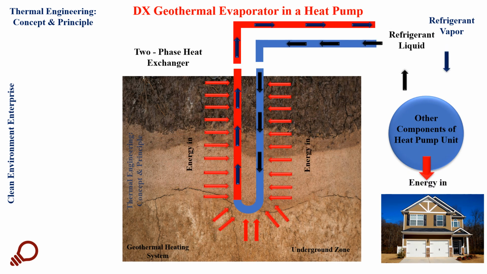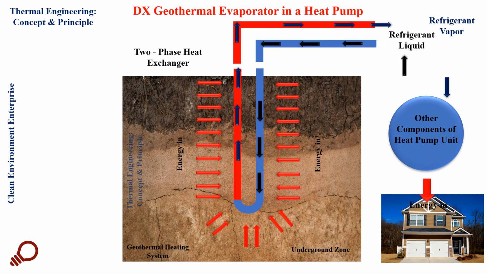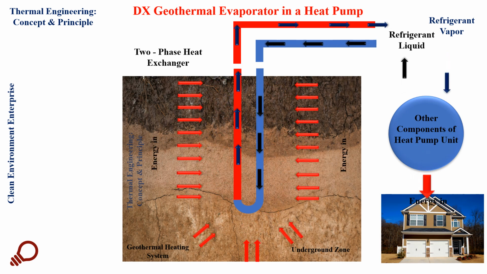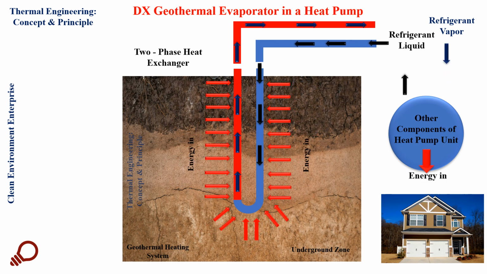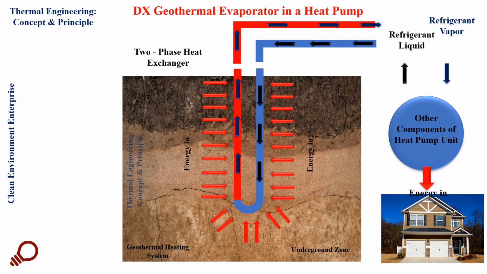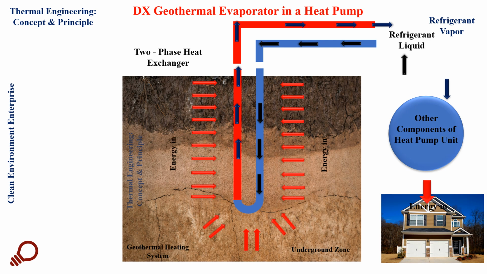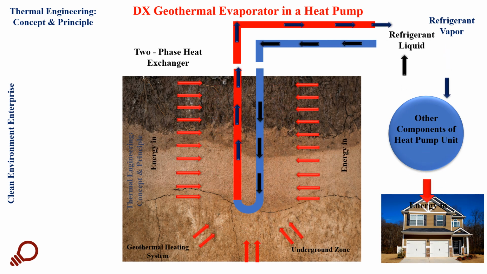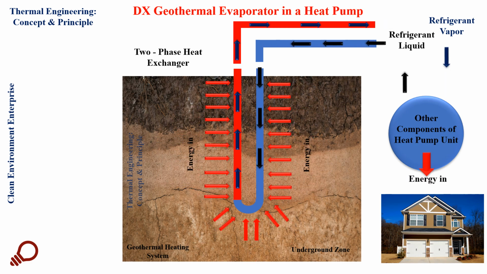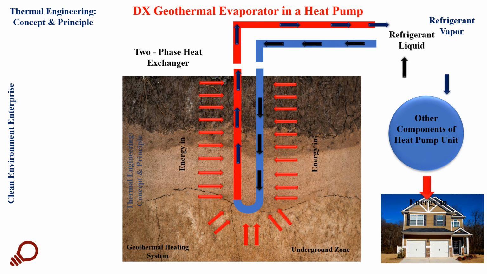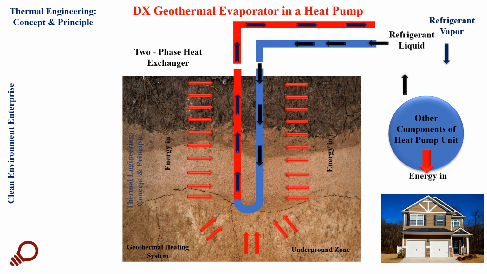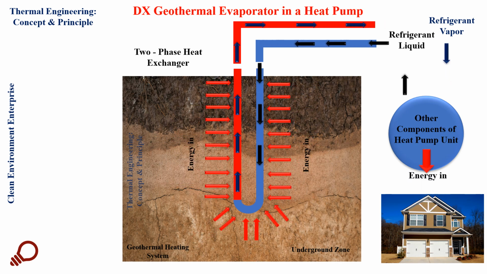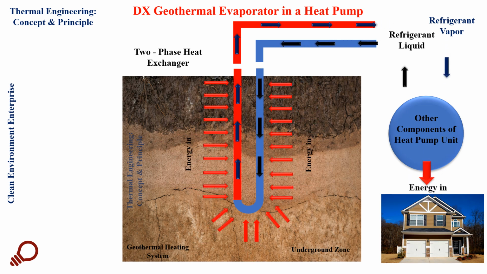So it will leave the heat exchanger in the red line part of this illustration, and return back to the unit of the heat pump as a vapor, which passes through the compressor and then condenser, and after that through the expansion valve, which composes a closed circuit for the heat pump itself.